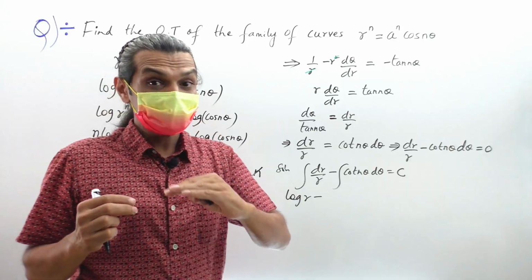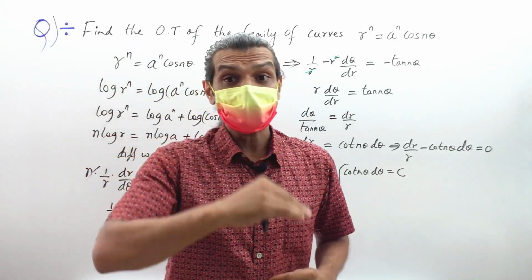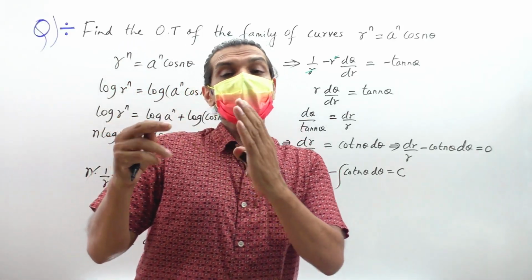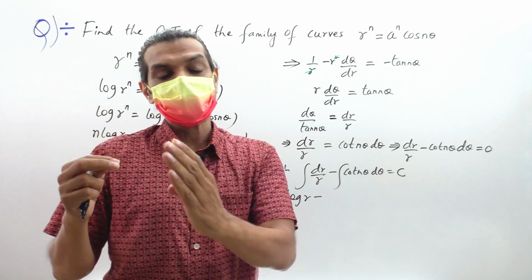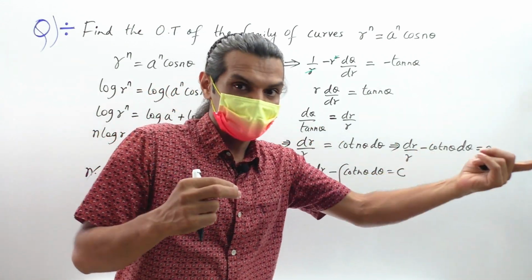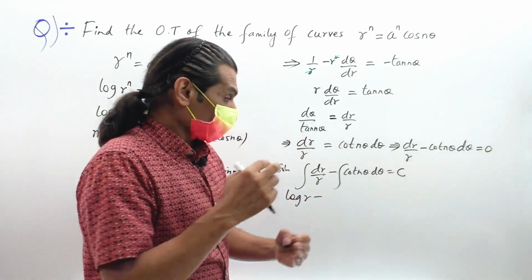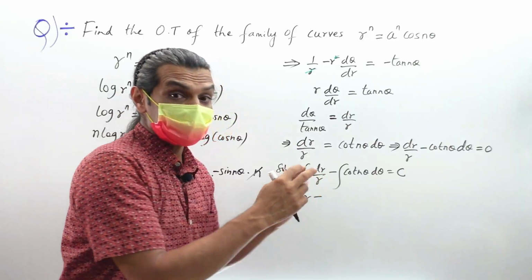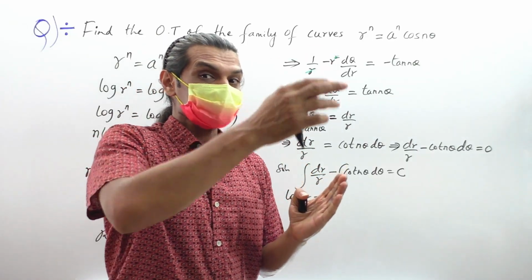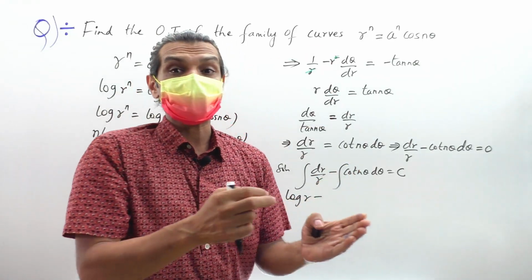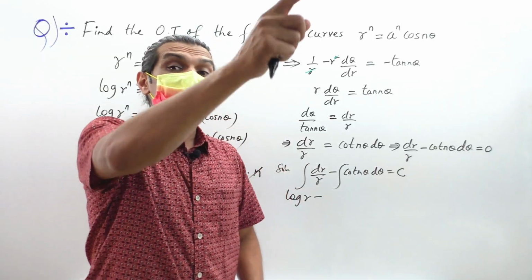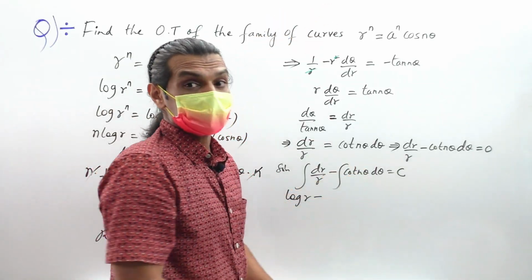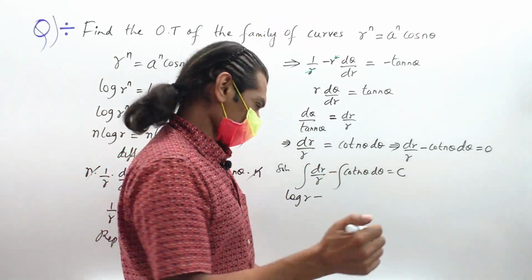But as I told you, in integration the chain rule works in reverse. Differentiation of sin 2 theta, say, is cos 2 theta into 2. But integration is the opposite. As I told, integration of cot theta is log sin theta. So integration of cot n theta is log sin n theta divided by the differentiation of n theta, that is n, because theta is the variable.